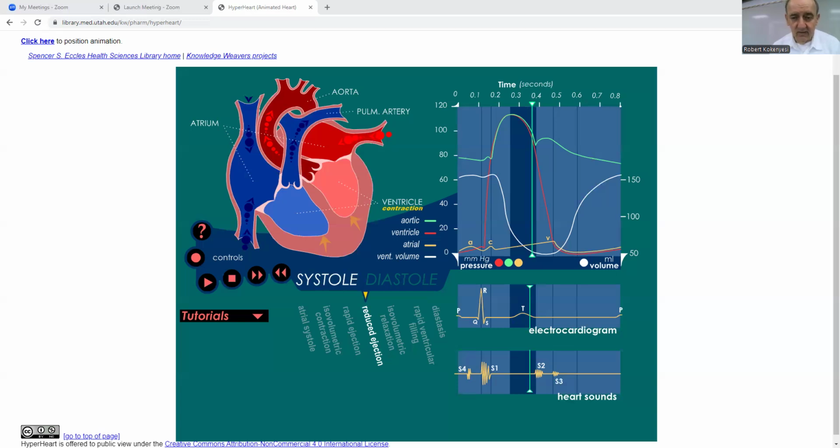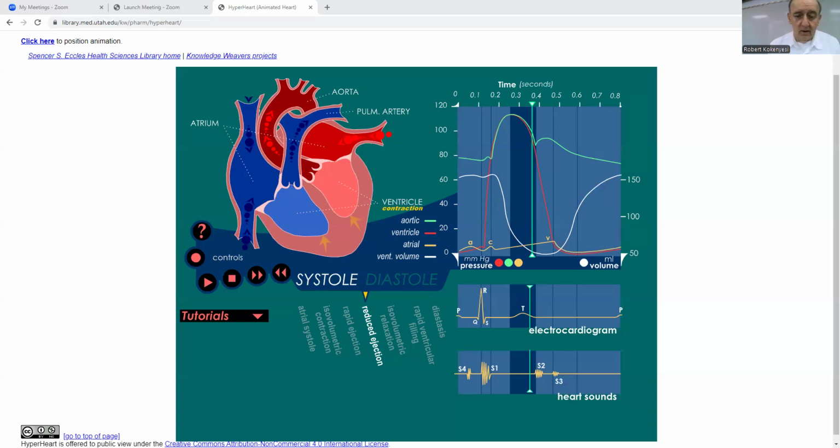We'll say maybe a little more meaningful things about heart sounds. From the lecture point of view, it's important there's this S1 and S2 sounds, and the heart sounds are coming from turbulent blood flow.